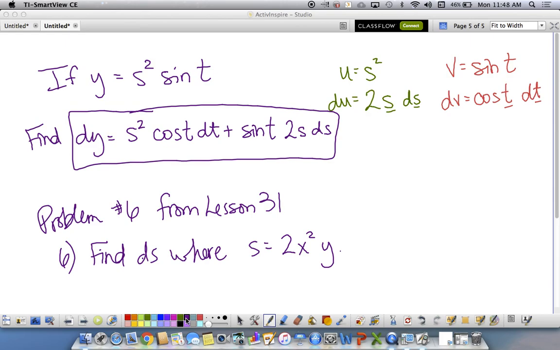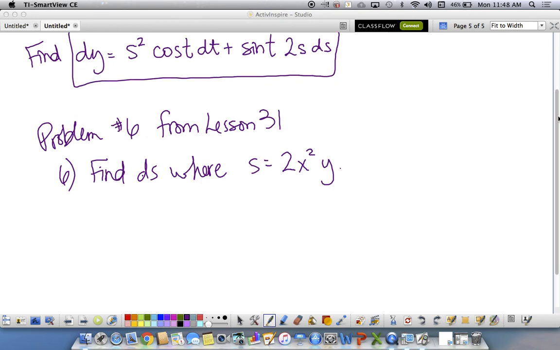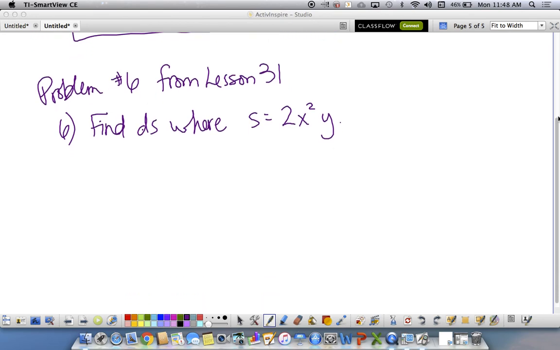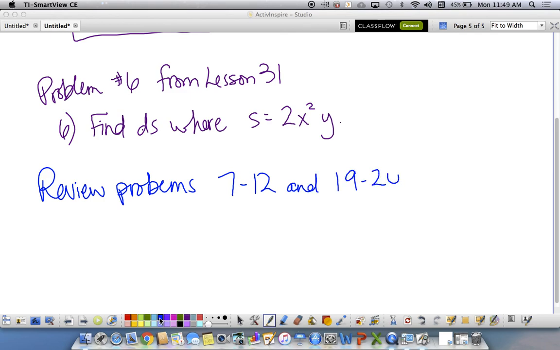I am going to go ahead because there's only one of these to give you some review problems. So your review problems from lesson 31 will be 7 through 12, 19, and 20. Let me know if you don't have your book yet, and I'll send you a copy of the pages.